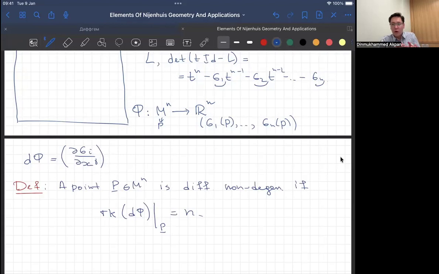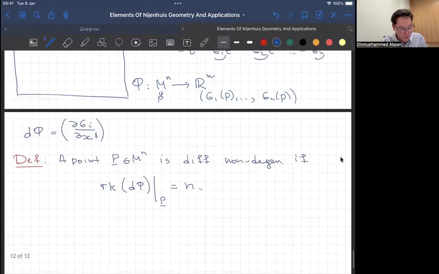So it's a point where the invariants are stable. The differentials of the invariants are stable, or the gradients are linearly independent. There are a million equivalent ways to say it, but the meaning is clear.